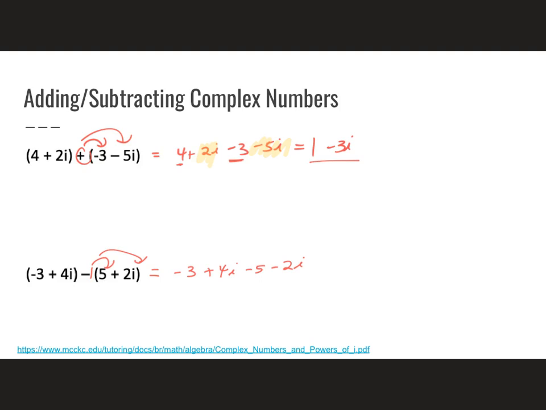Right, my like terms are going to be negative 3 and minus 5. So when I combine them together, I end up getting negative 8. My other pair of like terms are going to be my imaginary parts, which are 4i and minus 2i. So 4i minus 2i gives me 2i. And so this should be my simplified complex expression.